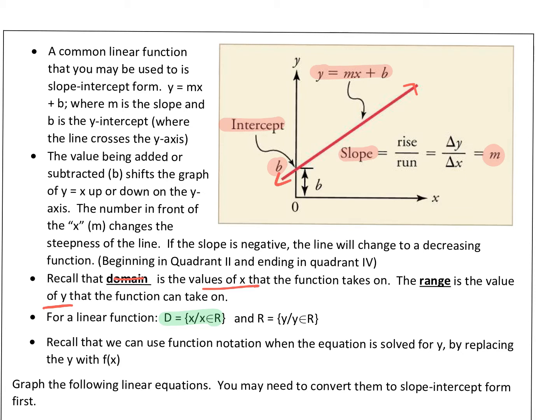And the range is y as an element of the reals, because it goes up and down forever. Remember that we can use function notation. All function notation is, is you replace the y with f of x. So if I had the equation y is equal to 2x plus 3, in function notation it would just say f of x is equal to 2x plus 3.